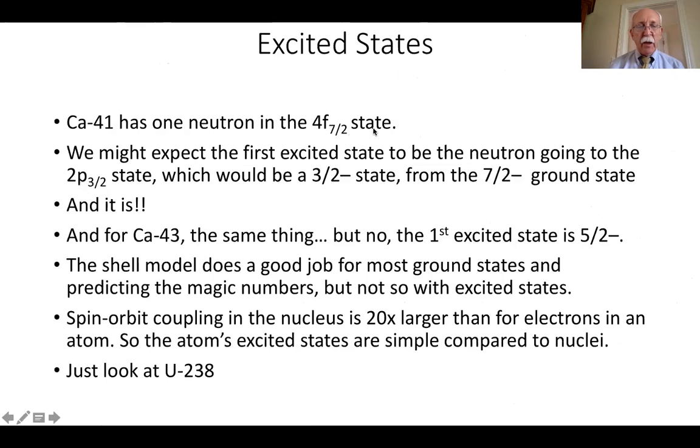Thinking back to atomic electrons, we would think the first excited state then would be the neutron being promoted to the next energy state. And if you look at the next energy state, it would be a 2p3 halves state, which would be a 3 halves minus state, promoted up from the 7 halves minus ground state.